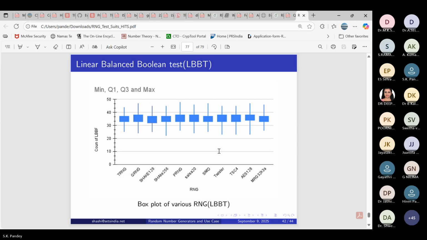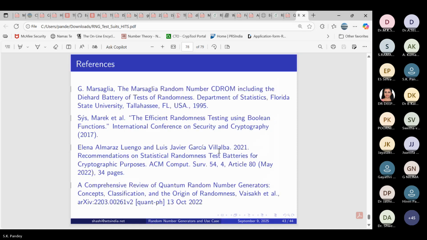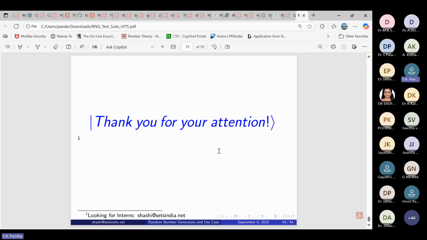Only then can you tell that this is coming from a well-designed algorithm. So that is the overall picture of randomness as well as testing. These are some references. And finally, this is the time for questions. If you have any question, please ask.